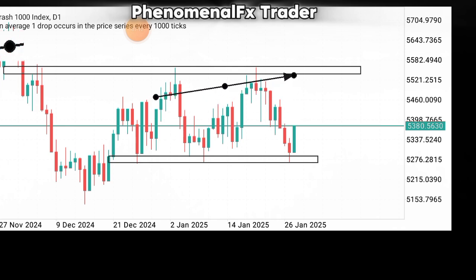Even if the market broke out of this zone, that particular daily candlestick will most likely leave a wick at the top and close down here, which is an indication it is actually going to sell. So if you understand price action and you combine it with indicators, you'll be very profitable.